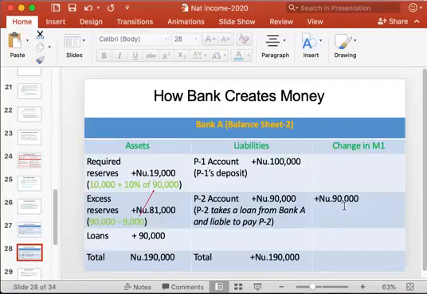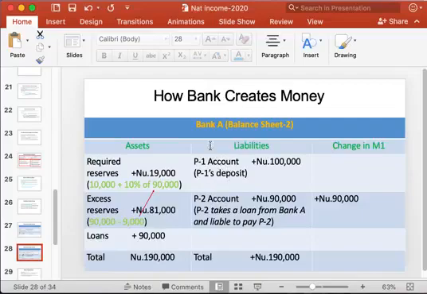But please remember that this 90,000 Newton is coming from the excess reserve from what was deposited by person P1 here.